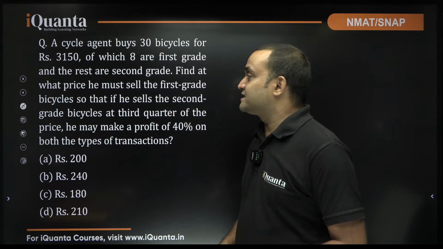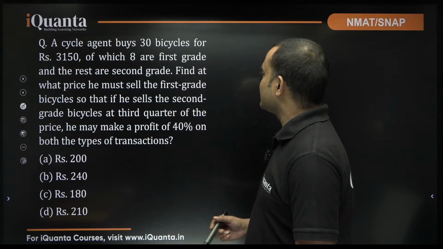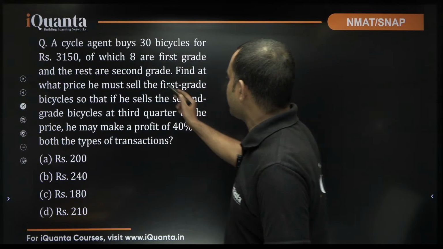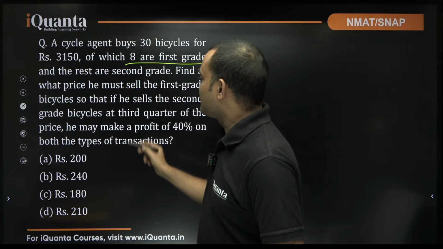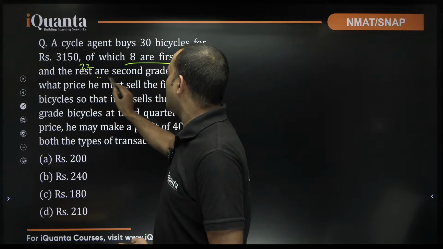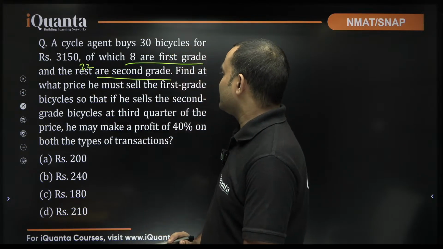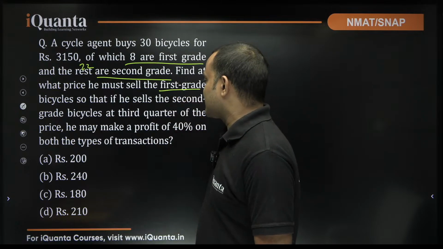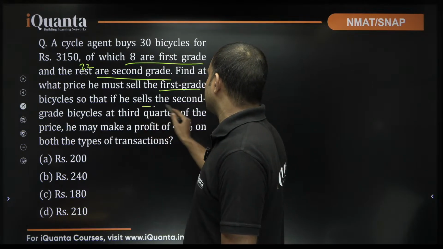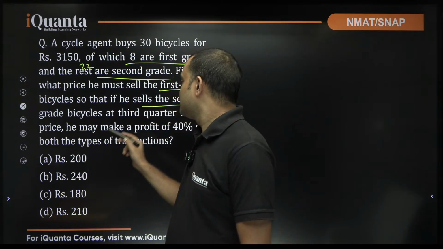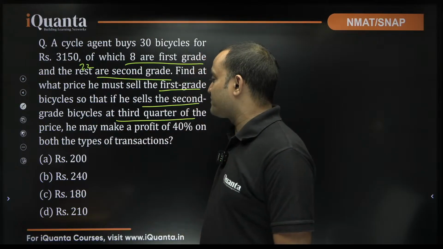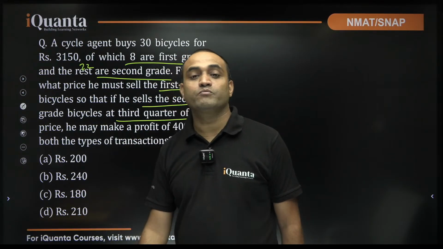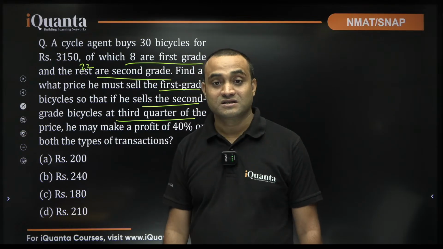Now in this question it says a cycle agent buys 30 bicycles for 3150, of which 8 are first grade and the rest, means 22, are second grade. Find at what price he must sell the first grade bicycle so that if he sells the second grade bicycle at three-quarters of the price, he may make a profit of 40% on both types of transactions.